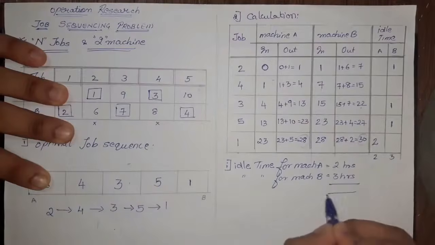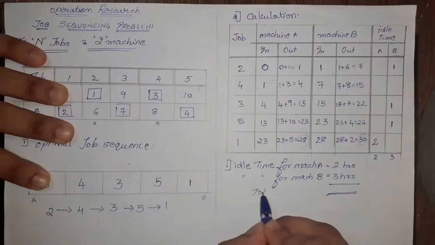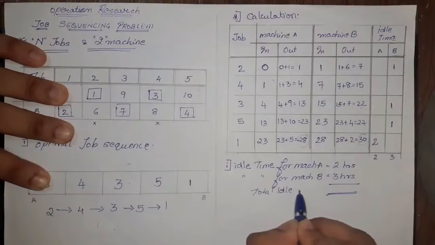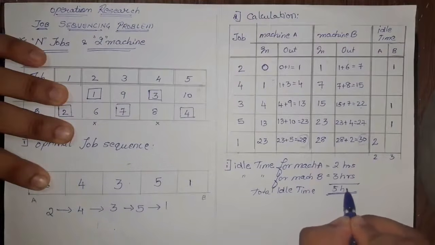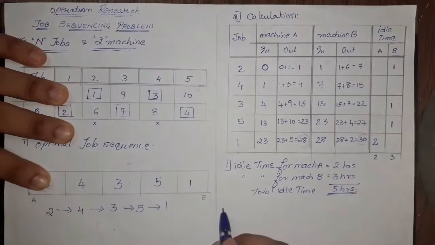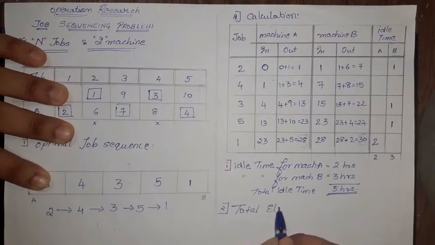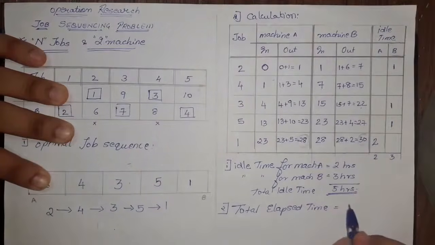So the total time that the machines were idle is 5 hours. And finally, the total elapsed time, that is the total time taken to complete all the jobs by both the machines, is 30 hours.